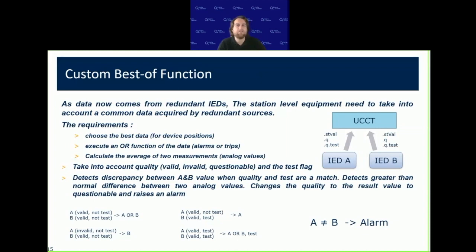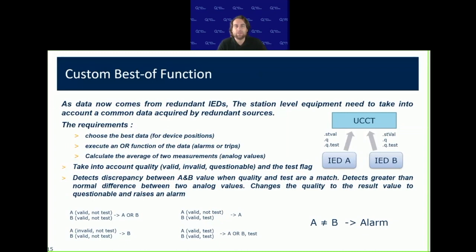Now, these best-of functions always take the quality and the test flags of both A and B data. This allows us to take the most valid, the most recent information, and that's the one that's displayed to the operators locally in the station, but remotely as well when we have that new generation of remote SCADA.